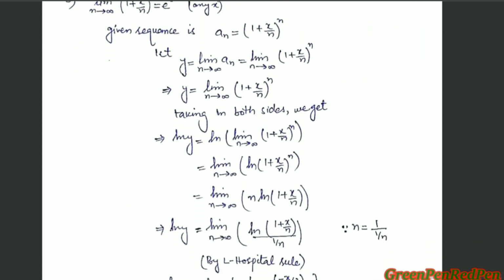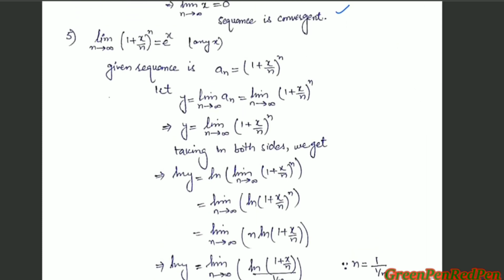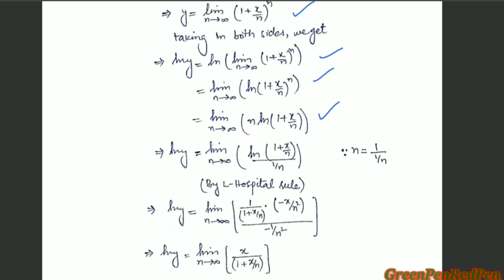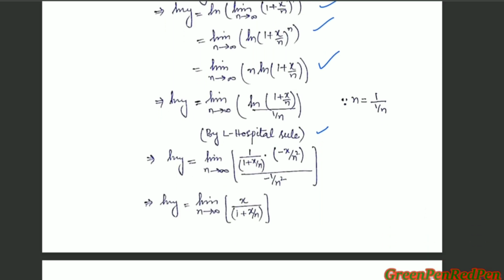Next we have sequence 5, also with the condition for any x, no general condition. The sequence is this, applying the limit on both sides, taking the power first in log, and then simply applying L'Hospital's rule, and we get this.